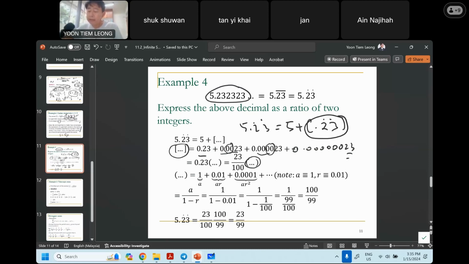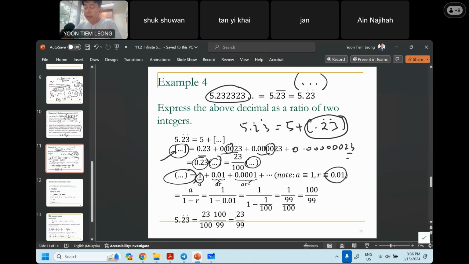You look at this, you will find that this is nothing but a factor of 0.23 multiplied with a geometric series, where the geometric series is just 1 plus 0.01, plus 0.0001, etc. So in this case, this geometric series, represented by a bracket with three dots, is a geometric series with a constant a of 1 and an r that equals 0.01.